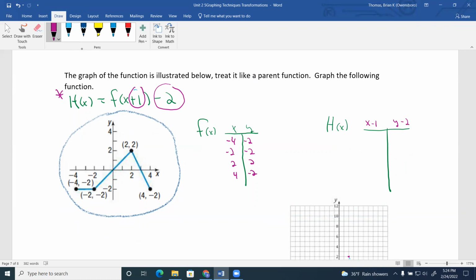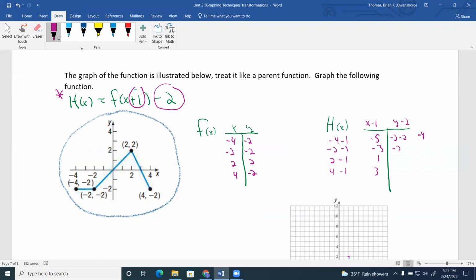So the -4, I have to lose 1. That's going to make that a -5. The -2, I have to lose 1. That's going to make a -3. The 2 lose 1 makes a 1. And a 4 lose 1 makes a 3. On the y values, I have this -2 lose 2. That gives me a -4.